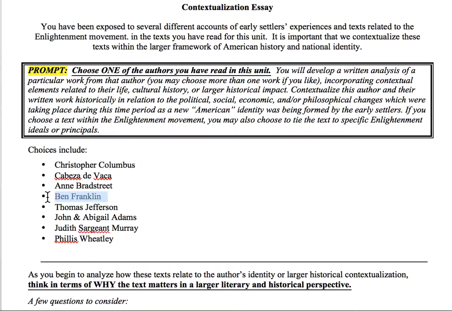Same things if you look at, say, John and Abigail Adams. I want you to look at specifically how texts from authors like them might have portrayed particular political ideas, or even look at how they portrayed mainstream versus marginalized voices. So marginalized voices can be anything from female voices, African American voices, Native voices, Hispanic voices.